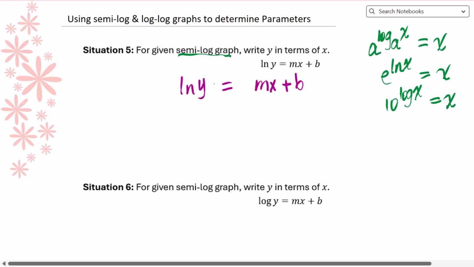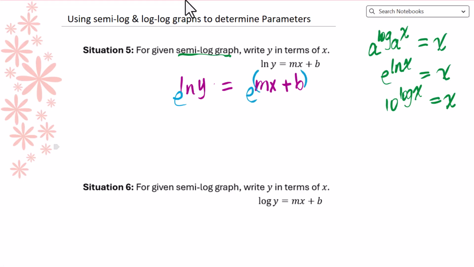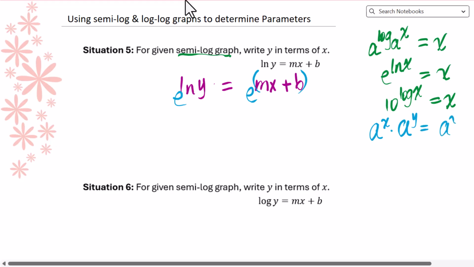We will take e as a base on both sides. We do know a to the power of x times a to the power of y equals a to the power of x plus y. We will do backwards.